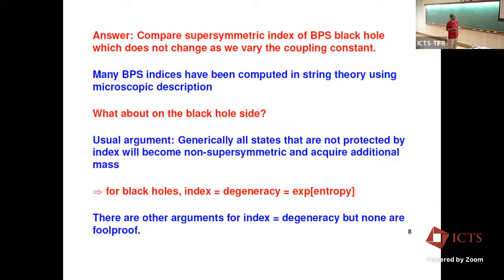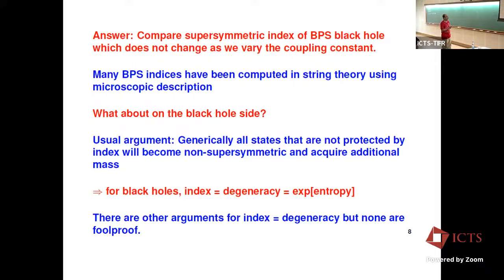The answer that we normally follow, at least for precision comparison of this kind, is that we compare the supersymmetric index of BPS black holes. The reason for focusing on the supersymmetric index is that it does not change as we vary the coupling constant. BPS, for us, will be synonymous with supersymmetric black holes which preserve a certain amount of supersymmetry.